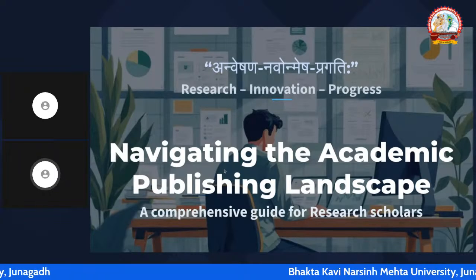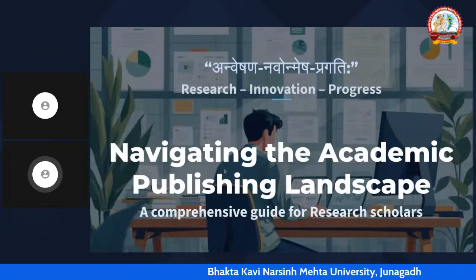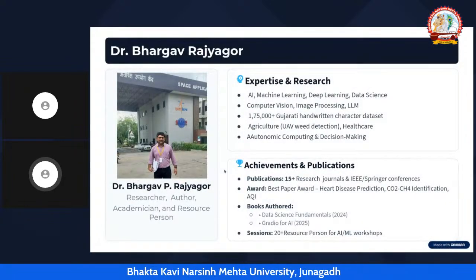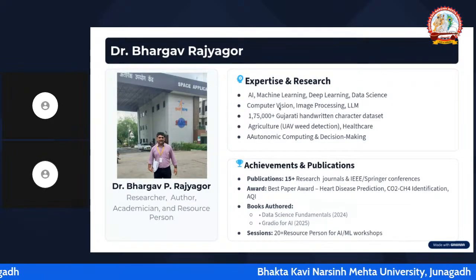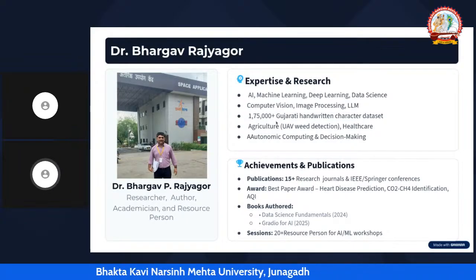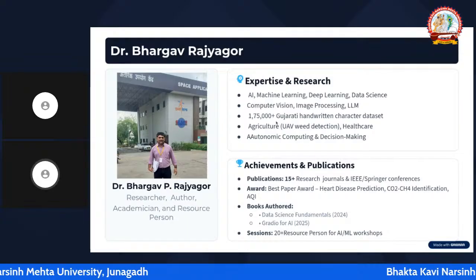So, navigating the academic publishing landscape, from which we are starting. Myself, Dr. Bhargav Rajyagur, I have worked with artificial intelligence, machine learning, deep learning, computer vision. My major contribution is a handwritten character data set that is available with 1,75,000 images.